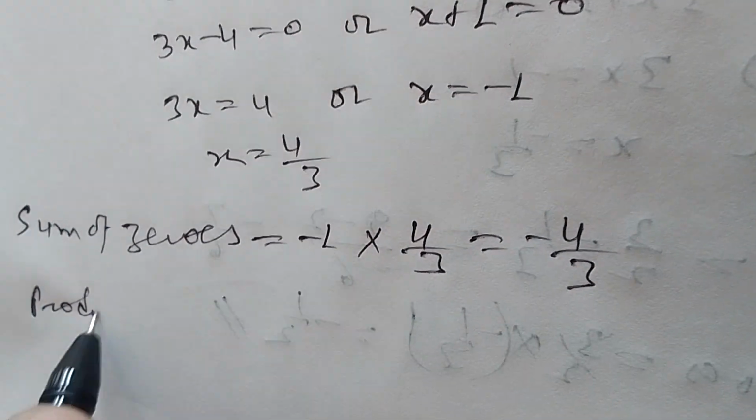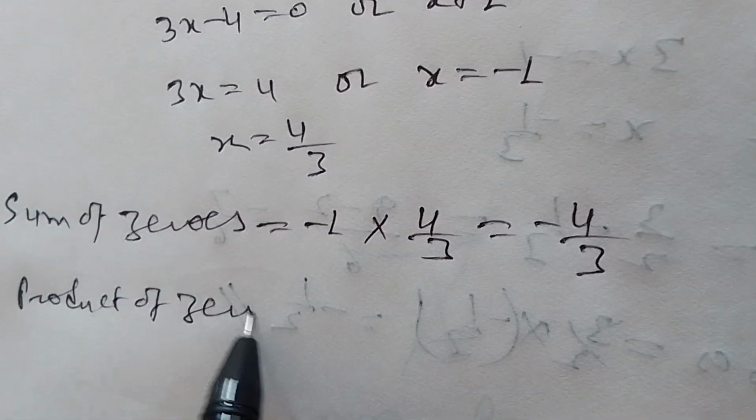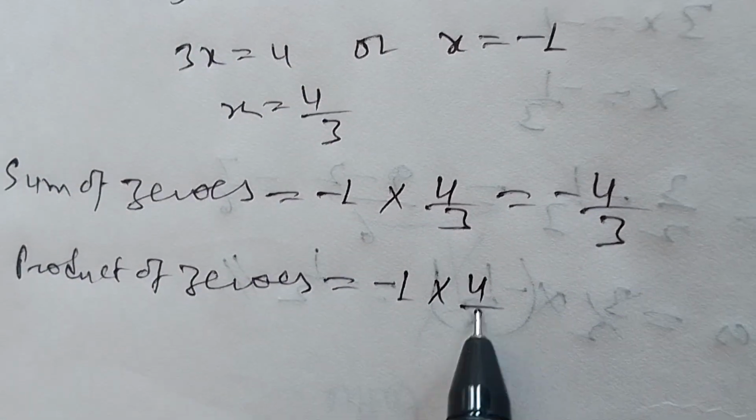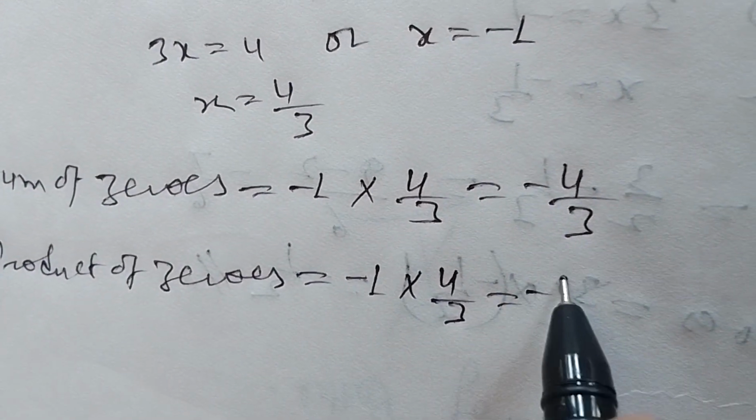Product of zeros comes out to be minus 1 multiplied by 4 by 3. It comes out to be minus 4 by 3.